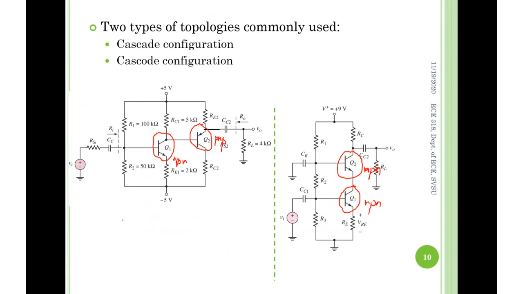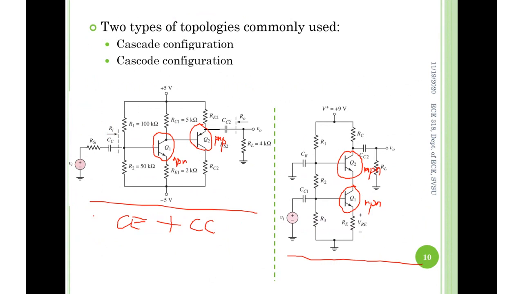So let's identify the common circuit, applying the exact same concept we learned before. So Q1 is common what? Q2 is common what? In the first circuit here. Q1 is common emitter. Q2 is what? Yes, common collector.